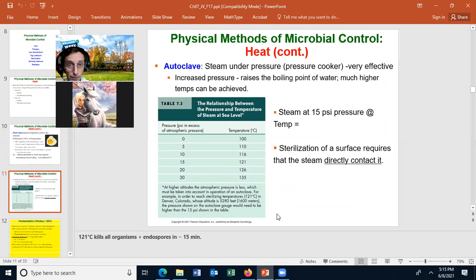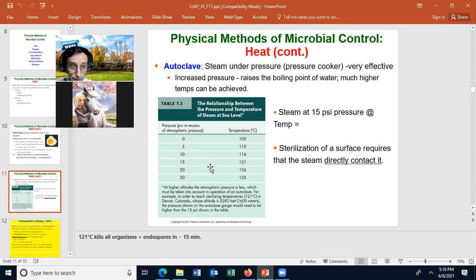The increased pressure raises the boiling point of water to much higher temperatures than can be achieved otherwise. Steam at 15 pounds per square inch pressure and temperature at 121 degrees Celsius is most often used in an autoclave, and that will kill everything in 1 liter in 15 minutes of autoclaving. Any question about that?